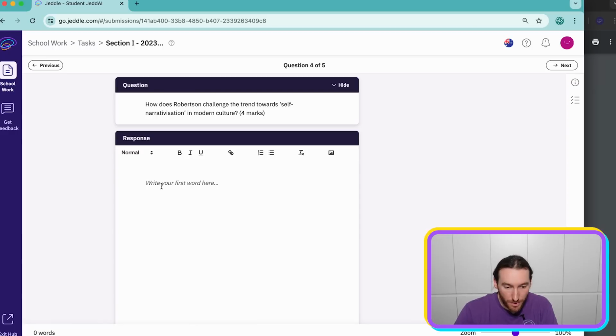So how does he challenge the trend? Robertson, again, don't overcomplicate the start of your topic sentence. Robertson challenges, I'm using the words of the question to start the sentence.